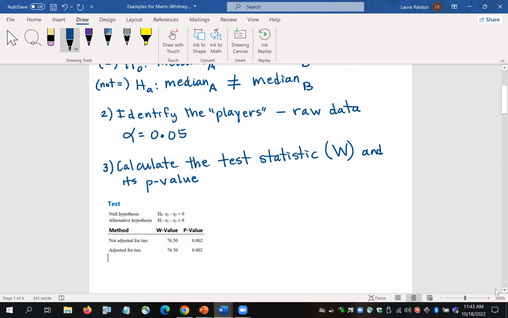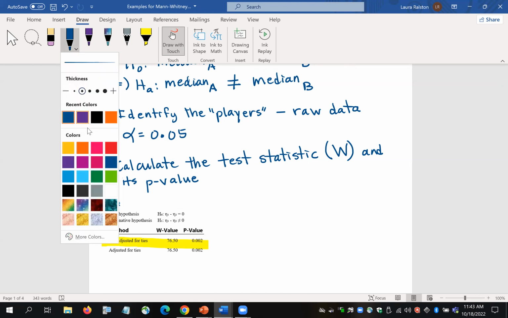Okay, so we've got our test statistic calculated. Now let me show you. We're going to use the one that is not adjusted for ties, because if you had numbers that were the same in both data sets, they would think that's a tie. So again, we're going to use the one that's not adjusted for ties.